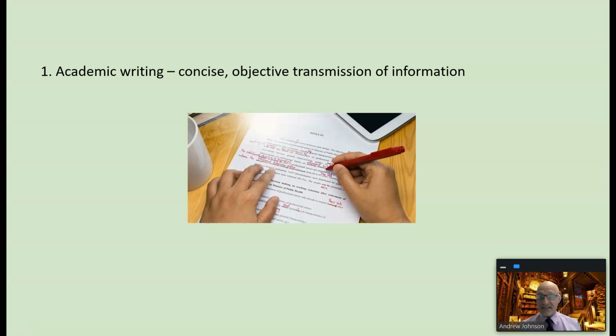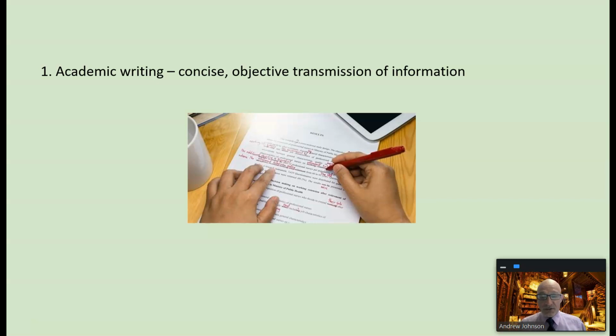Academic writing is concise, it's objective, and the focus is to transmit information. Concise, meaning you use as few words as possible. Too many words can clutter up and get in the way. It's objective, meaning you let the ideas speak, you let the data speak.